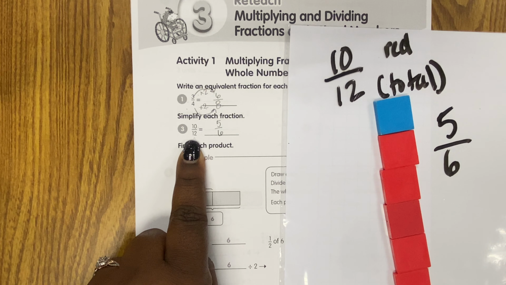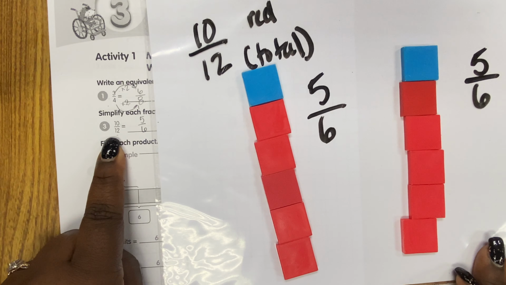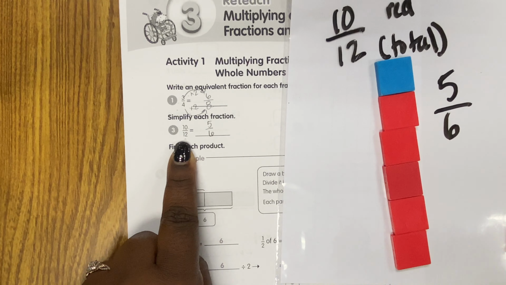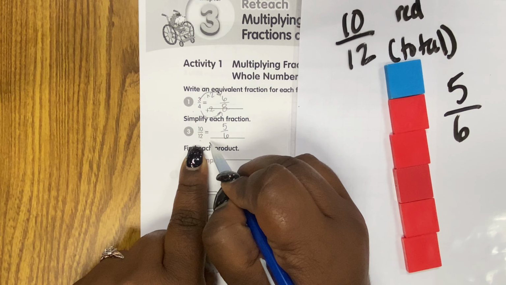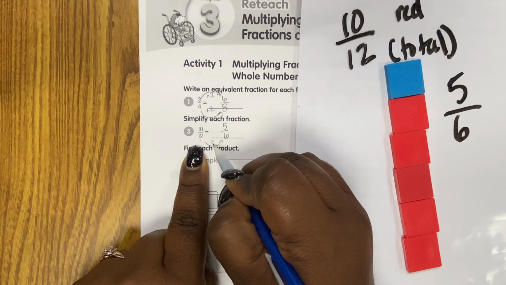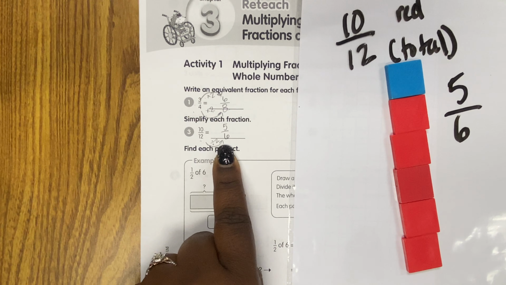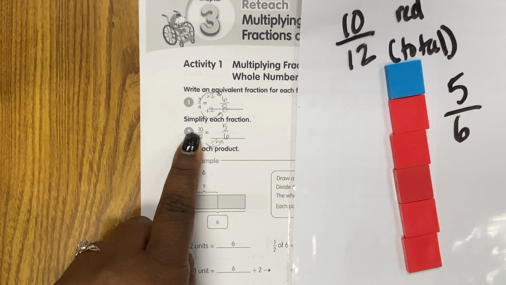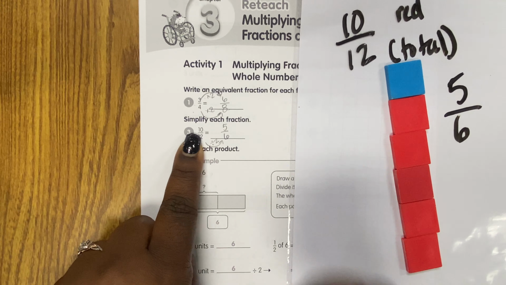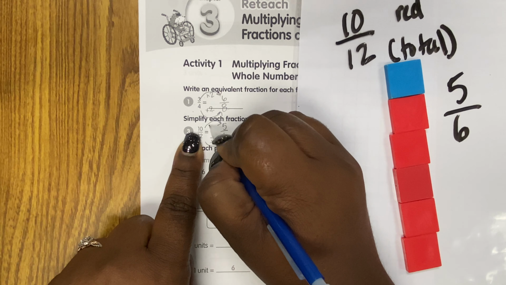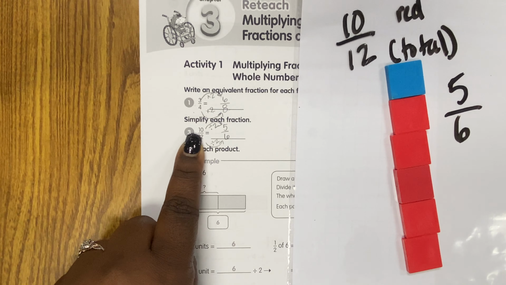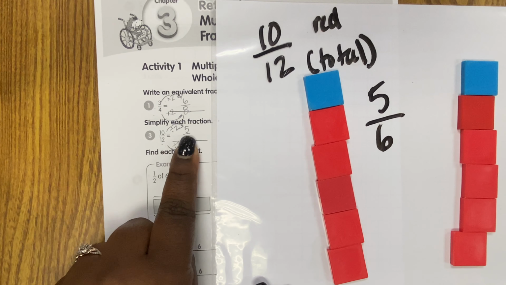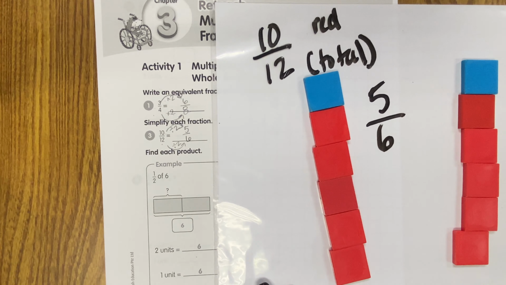Well, I took my 12 total pieces and I split them into 2 equal groups. So when I took 12 and split it into 2 equal groups, I was able to get a total of 6 in each group. When I took my 10 shaded and split those into 2 equal groups, I can see that a total of 5 red were there as well.